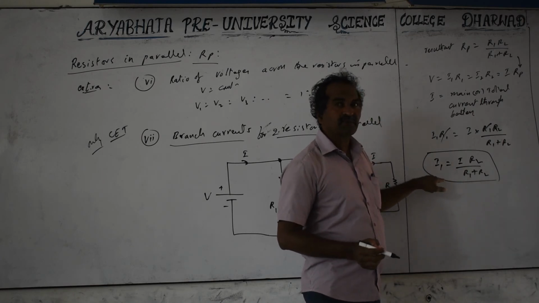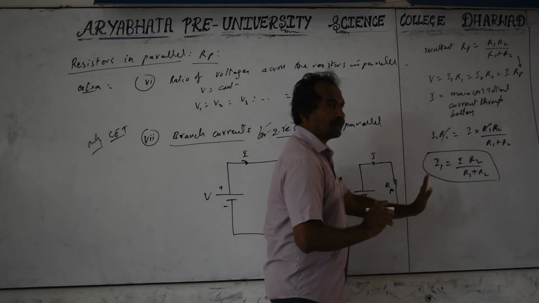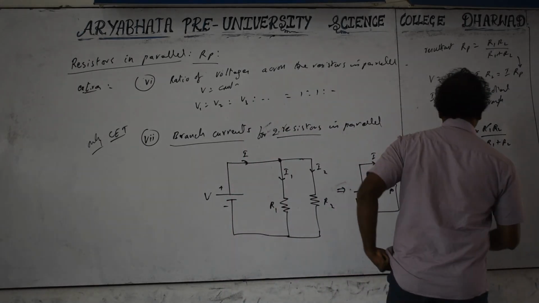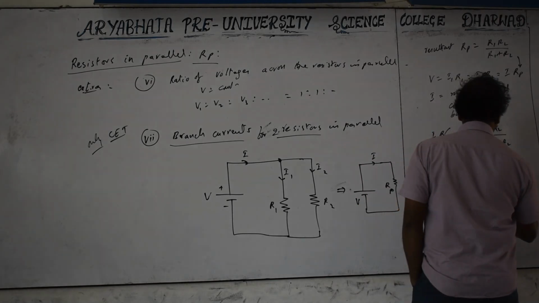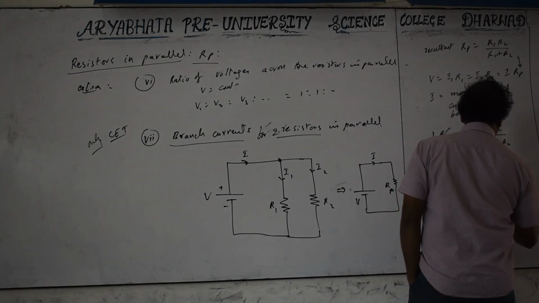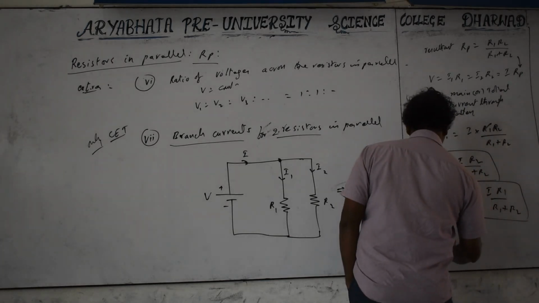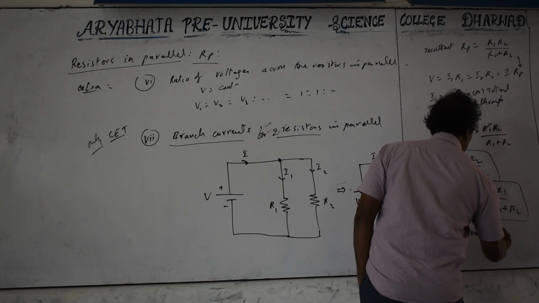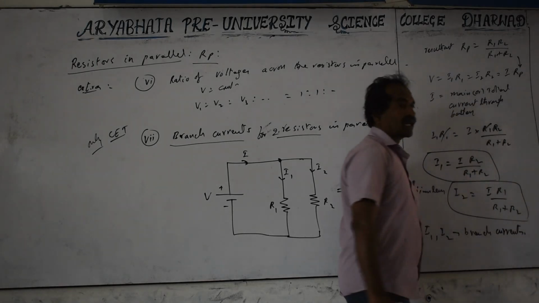The branch current formula is applicable only for 2 resistors in parallel, not multiples. You have to remember these two formulas. I1 and I2 are the branch currents in terms of the total current.